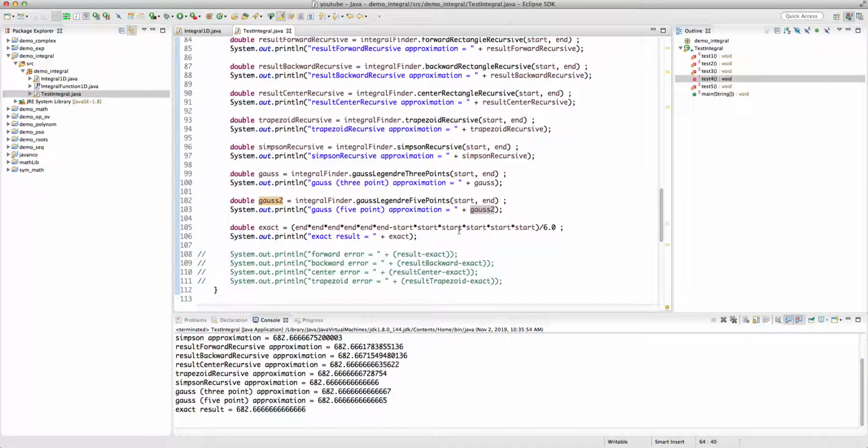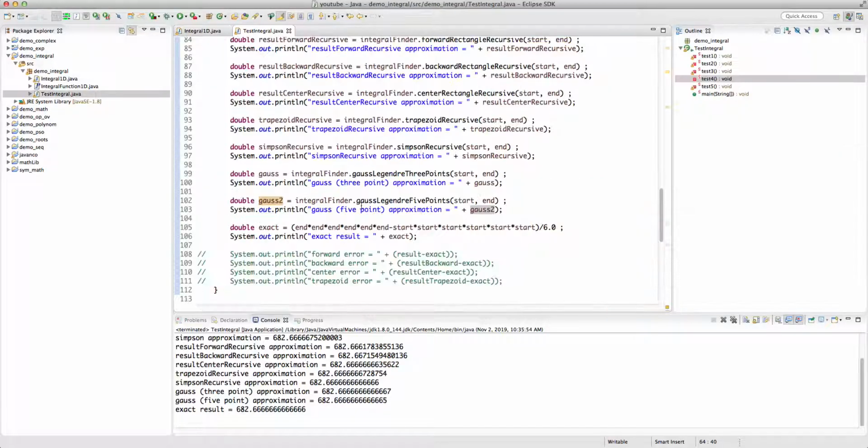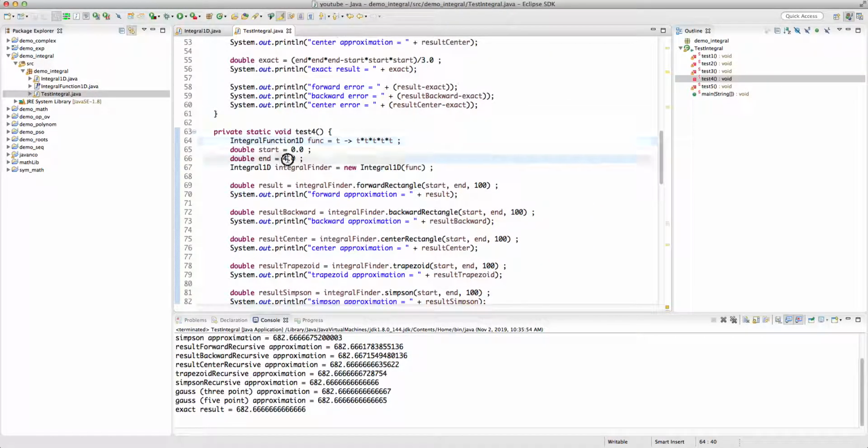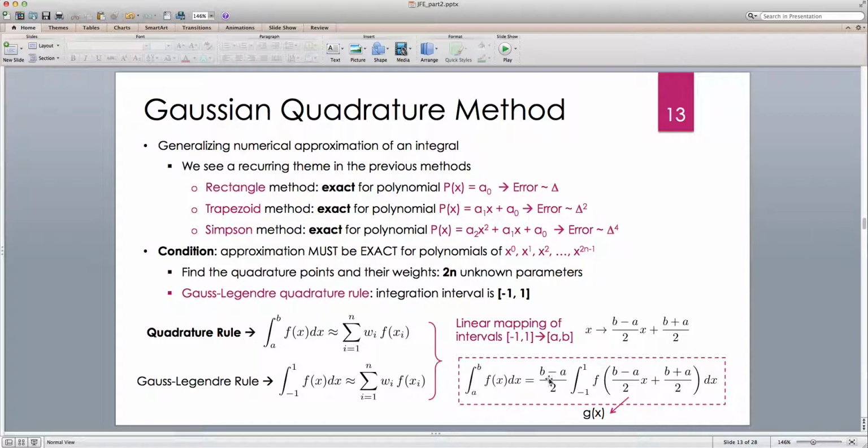And then the main problem here is that with quadrature, if the interval gets very large, the error of the quadrature scales up linearly, that's because of the factor b minus a over 2.